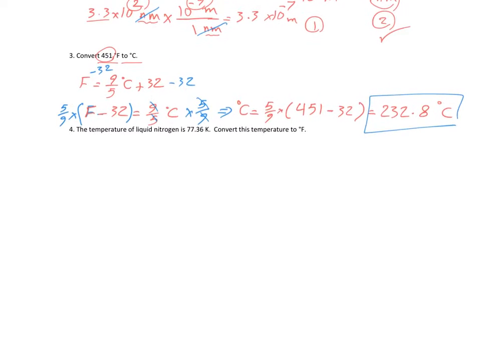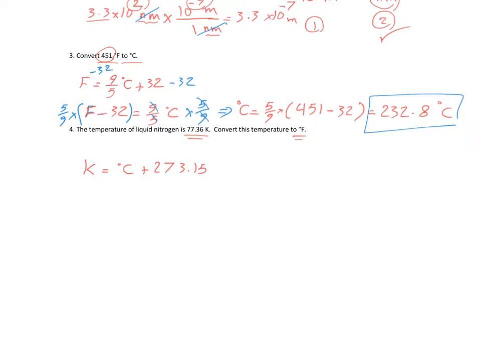Okay, the last question, we have the same conversion, well, sort of. We have the temperature in Kelvin, and we want it in Fahrenheit. So first we have to convert Kelvin to Celsius. We know that Kelvin is Celsius plus 273.15. You have to memorize this.